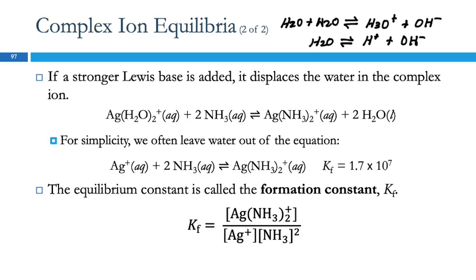So equilibria, there's an equilibrium constant expression based on this equation. Again, products over reactants raised to the power of any coefficients. And this constant is called the formation constant because this reaction here is showing the formation of a complex ion.